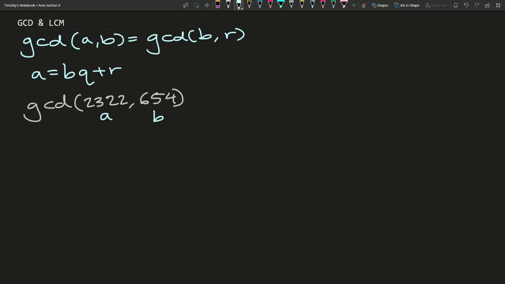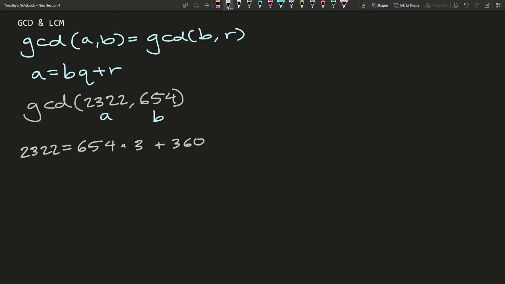So once again, we know A is equal to BQ plus R. We're just going to apply that formula. In this case, 2,322 is equal to 654 times some number plus some other number. I've already done these calculations ahead of time. So this is going to be 3 here, and this is going to be 360.